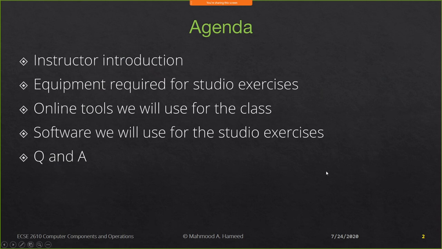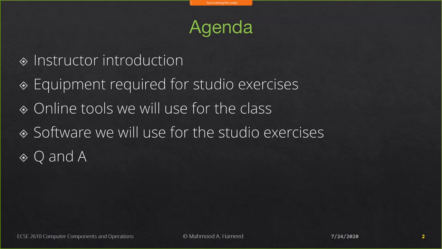So the agenda for today is I'll just introduce myself for those of you who do not know me or haven't taken a class with me yet. Then we will talk about the equipment required for the studio exercises. Note that CoCO is a 4-credit-hour class, which has a significant lab portion to it. And we are going to see what equipment you guys need to purchase.